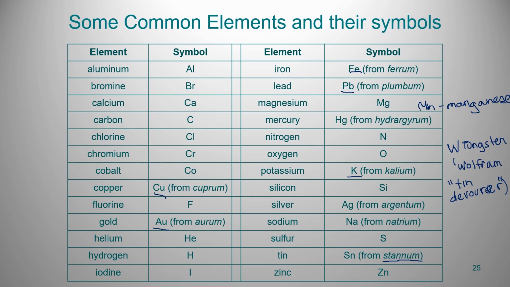It was an element that got in the way of mining tin, and they didn't know what it was. So they called it wolfram, and it turned out later to be tungsten, and so they gave it that symbol W. Anyway, that's just some interesting history.